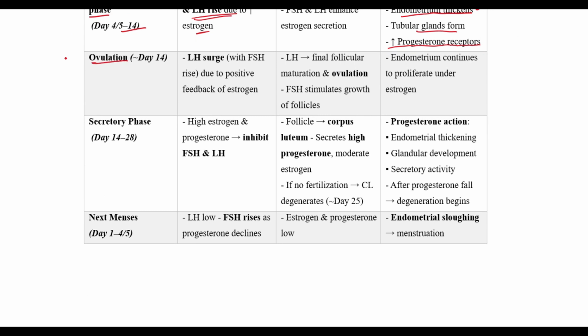Then we have the phase of ovulation. This is considered as the best stage to conceive.